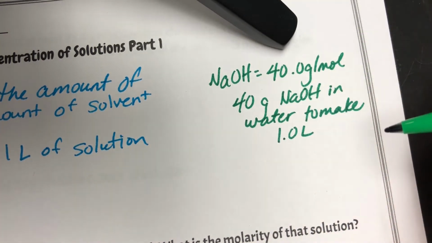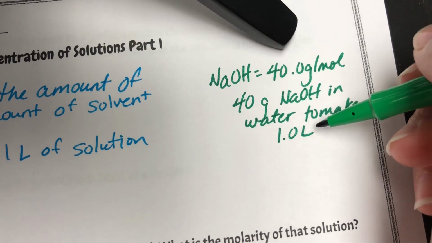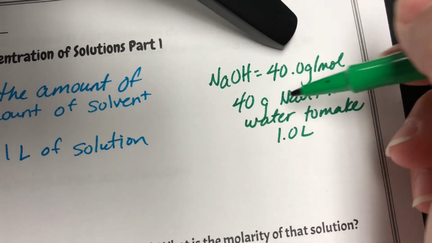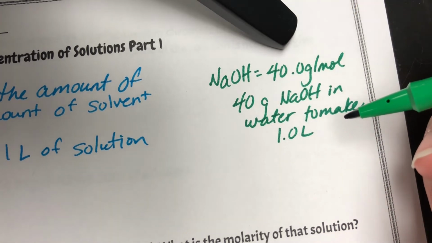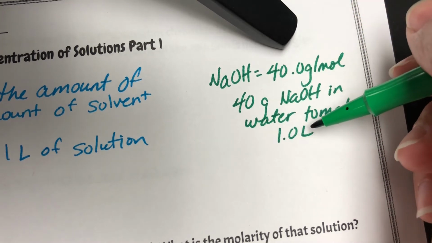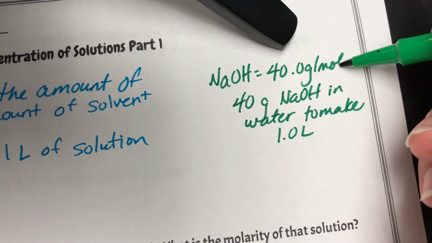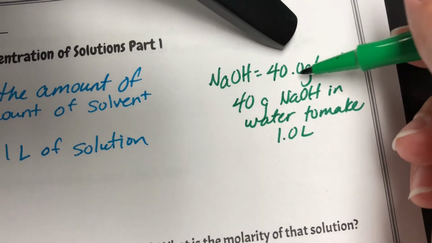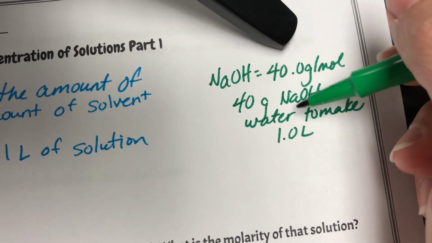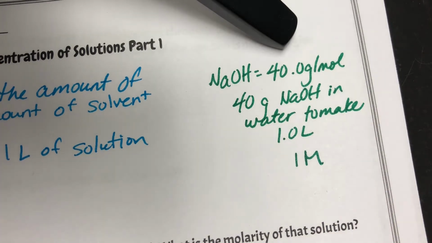So we have to phrase it this way. We're not dissolving it necessarily in 1 liter of water. It would probably be a little bit less because 40 grams of sodium hydroxide is going to take up some space too. So we make 1 liter of our solution, and because we have 1 mole here, 40 grams is 1 mole of our substance, we've made a 1 molar solution.